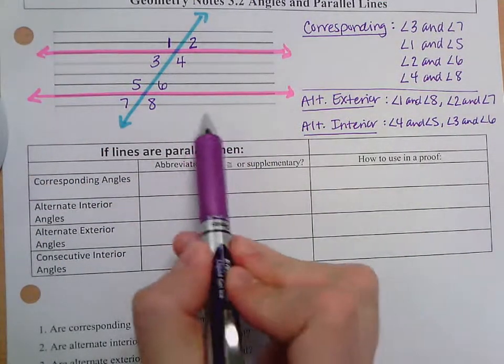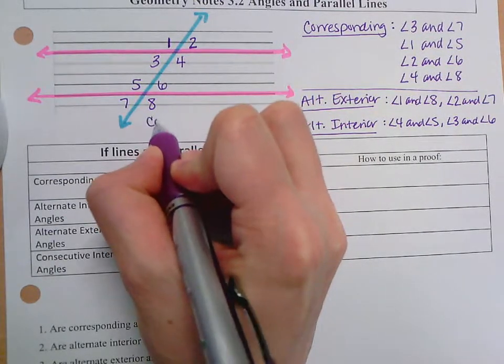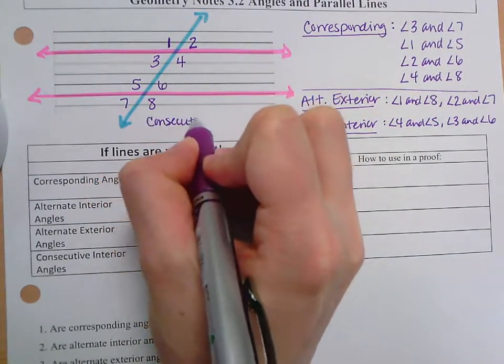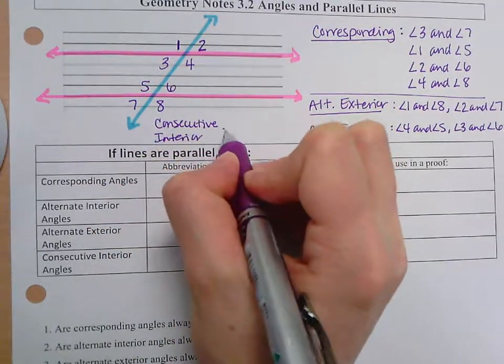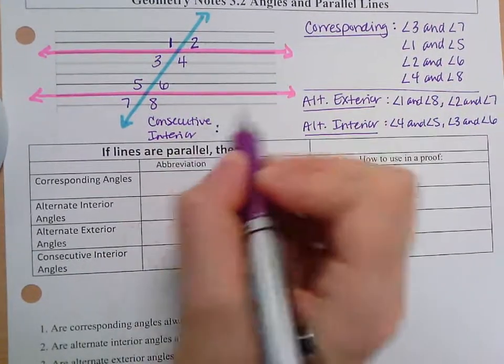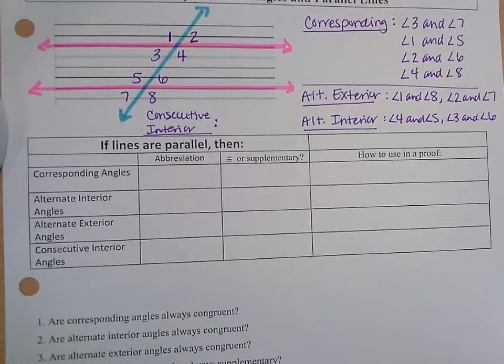And the last one I'm going to have to write over here is the consecutive interior. So what's a pair of angles that are consecutive interior? 3 and 5.